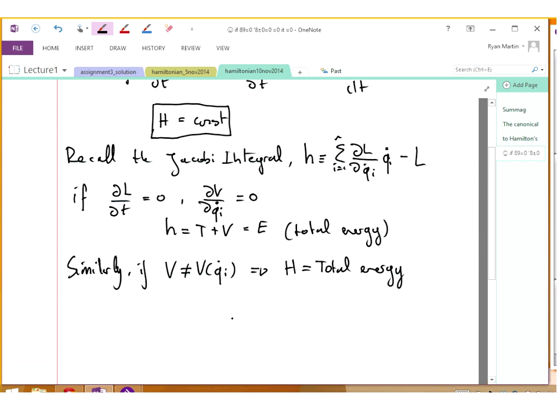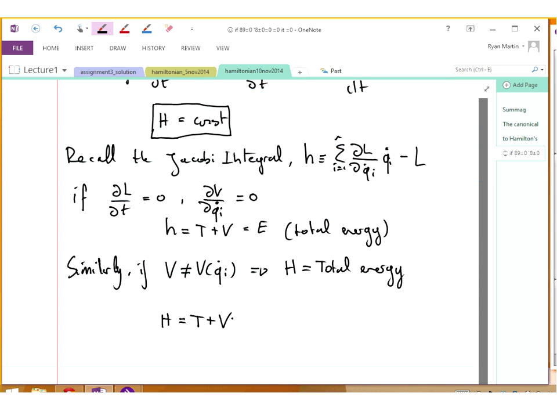So the Hamiltonian we can write as T plus V. But that's only a shortcut, right? So if the potential doesn't depend on velocities, then you can write this Hamiltonian as T plus V, the total energy. And if the Lagrangian doesn't depend on time, that total energy is conserved.